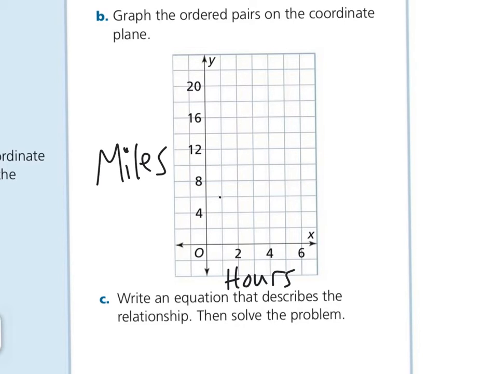So (1, 6) is going to be kind of a halfway in-between point. We've got (2, 12), and we've got (3, 18), which is kind of another in-between point. When you graph these, your points should be making a line. They should be lining up with each other.